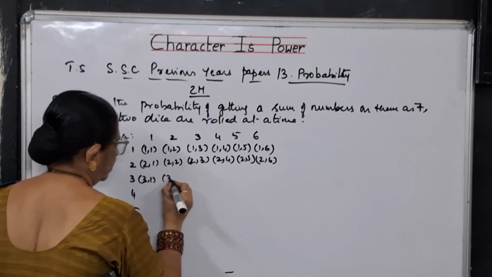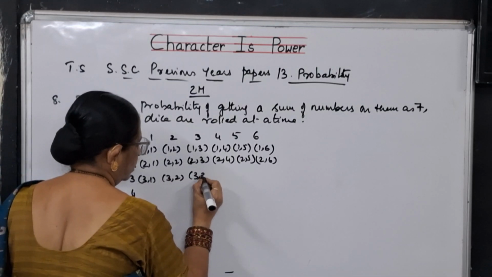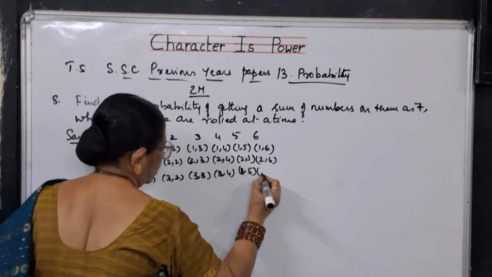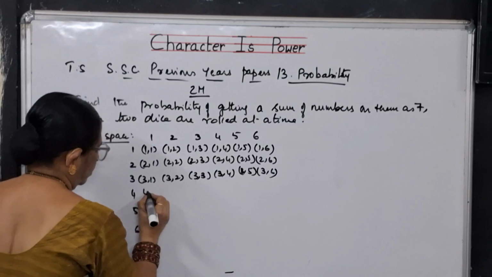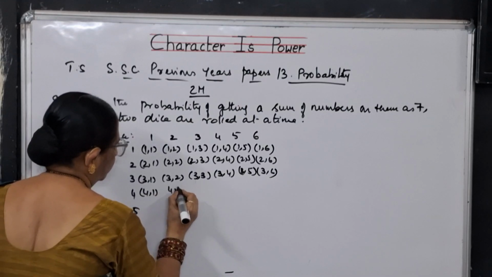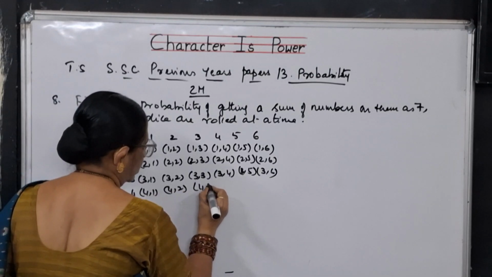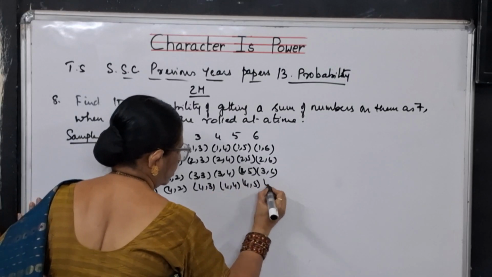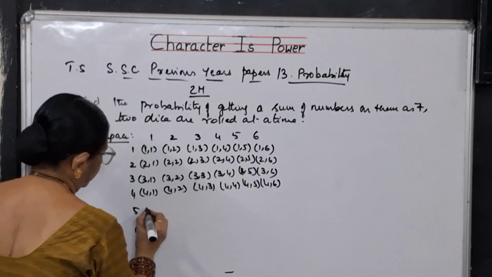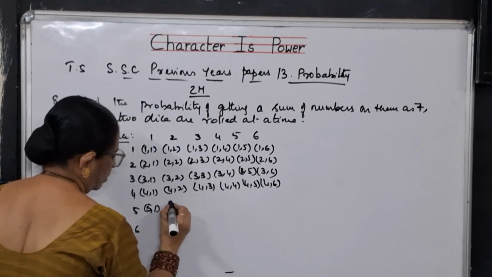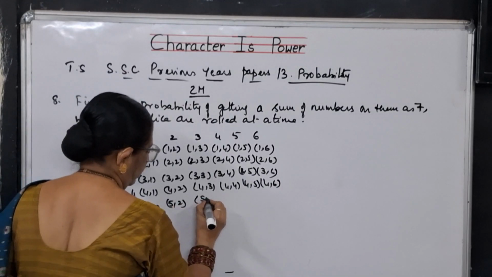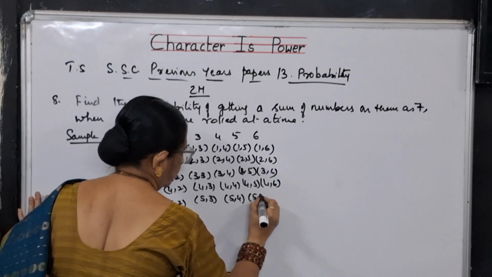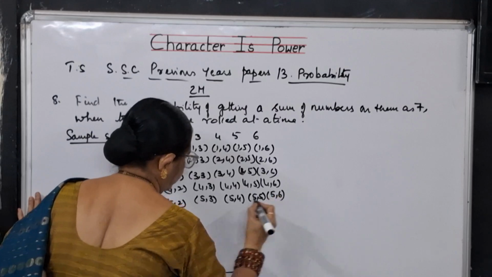3 comma 1, 3 comma 2, 3 comma 3, 3 comma 4, 3 comma 5, 3 comma 6. 4 comma 1, 4 comma 2, 4 comma 3, 4 comma 4, 4 comma 5, 4 comma 6. 5 comma 1, 5 comma 2, 5 comma 3, 5 comma 4, 5 comma 5, 5 comma 6.